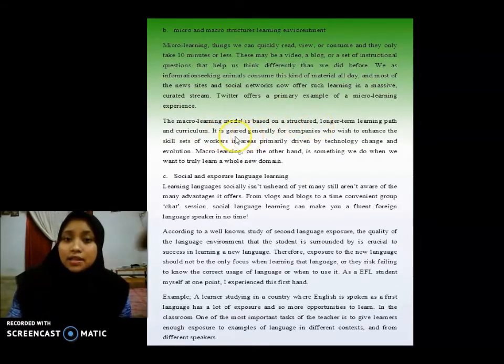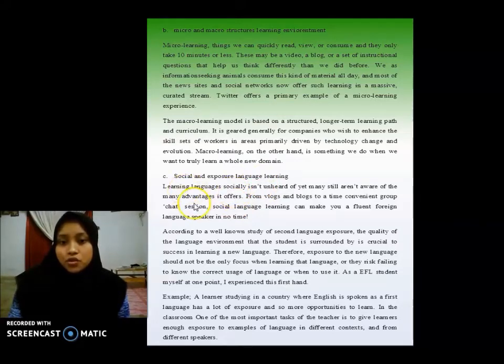It is geared generally for companies who wish to enhance the skill set of workers in areas primarily driven by technology change and evolution. Micro-learning, on the other hand, is something we do when we want to truly learn a whole new domain.